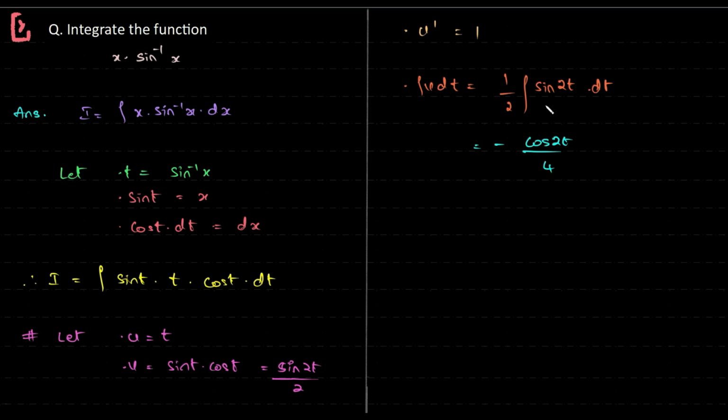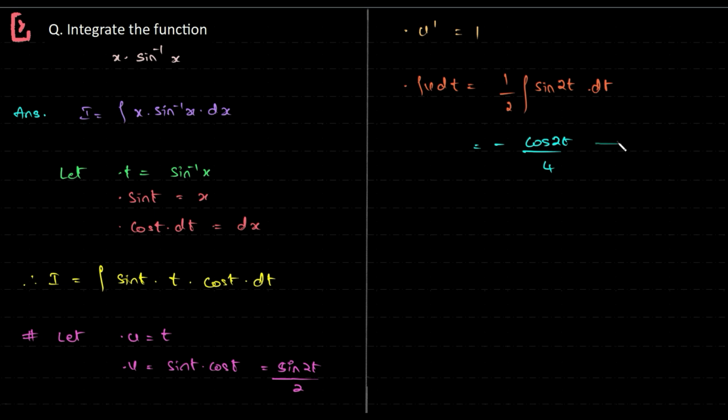Why 4? If I differentiate cos 2t, I'll get a negative, so this becomes positive, that's good. Then this becomes sine 2t. As per chain rule, I have to differentiate 2t again, so I'll get a 2. So 2 and 4 will get cancelled, and so on and so forth, right?